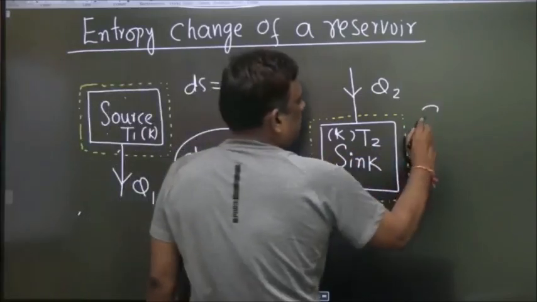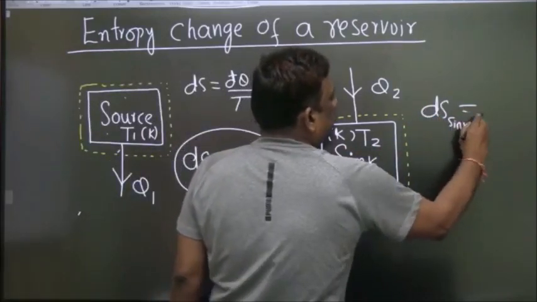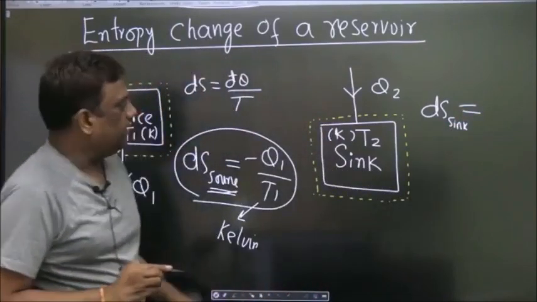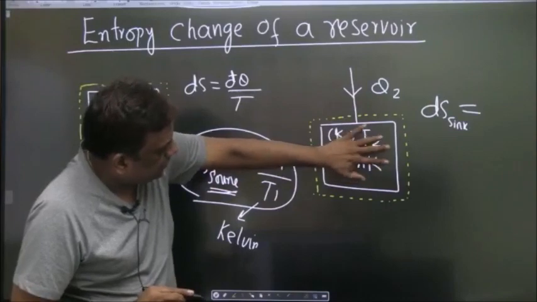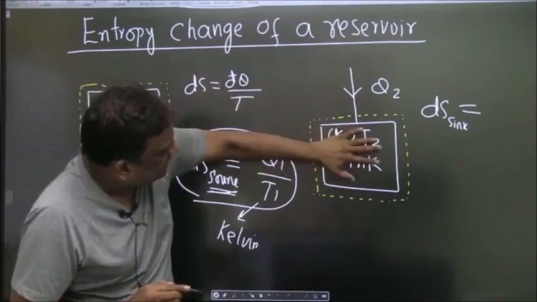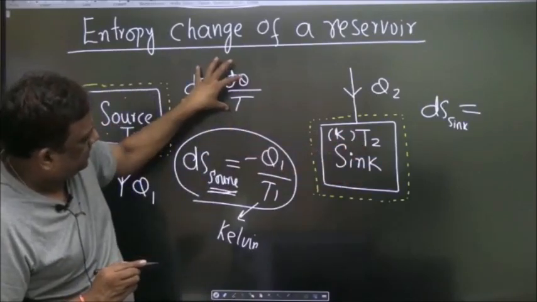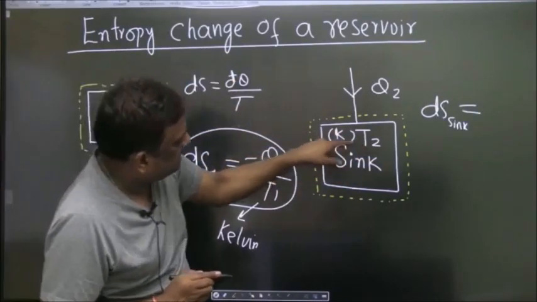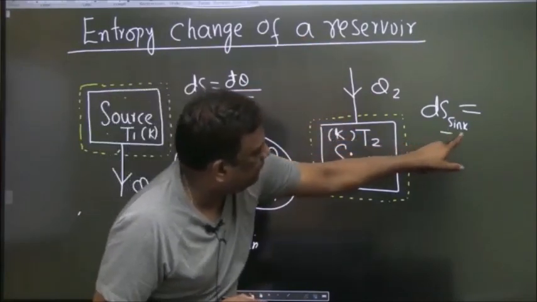Now let us try to write the entropy change for sink. Listen carefully. Again the sink is absorbing, but its temperature is constant. So it is in equilibrium. So I write this equation. Every time it is in equilibrium, so no difference in temperature. So I write the equilibrium equation. But my sink is gaining. I am writing for sink.